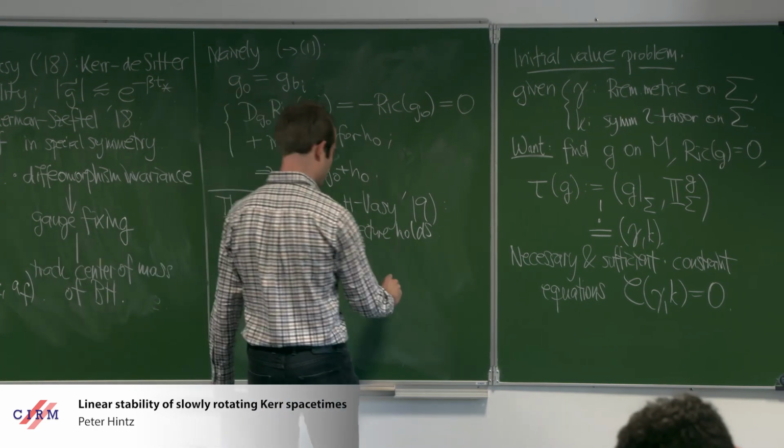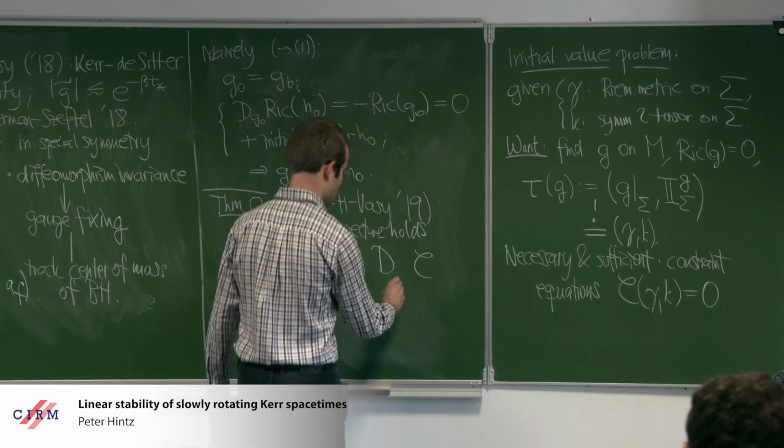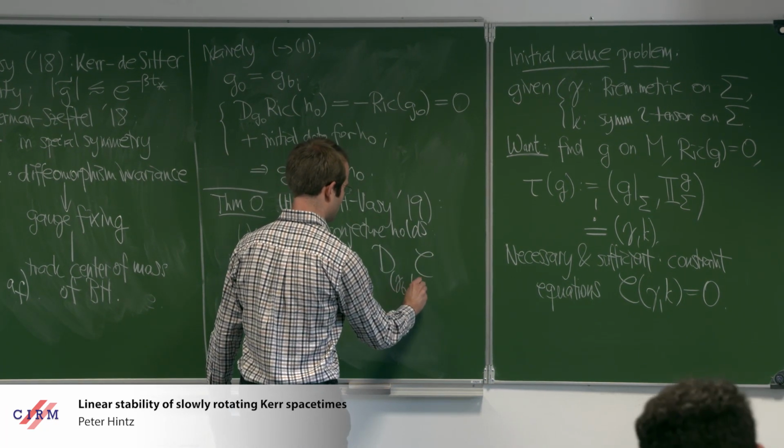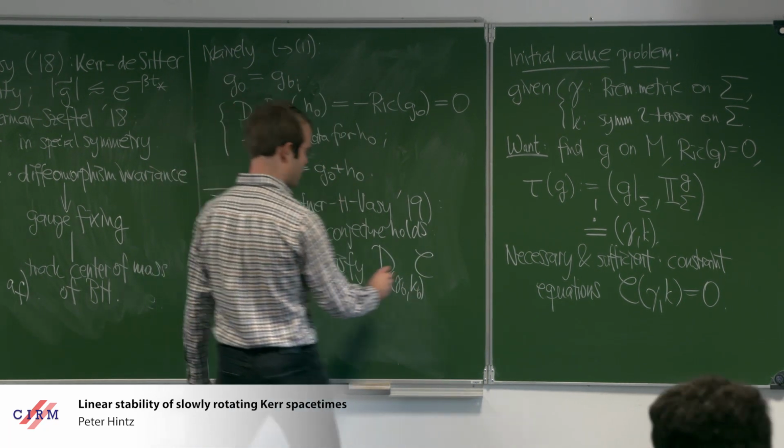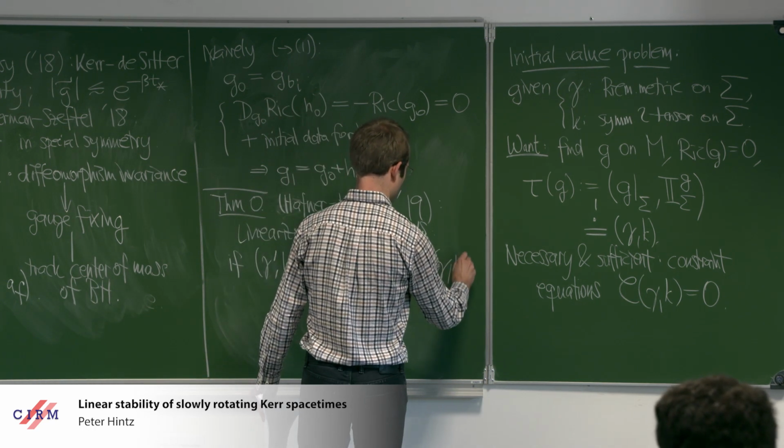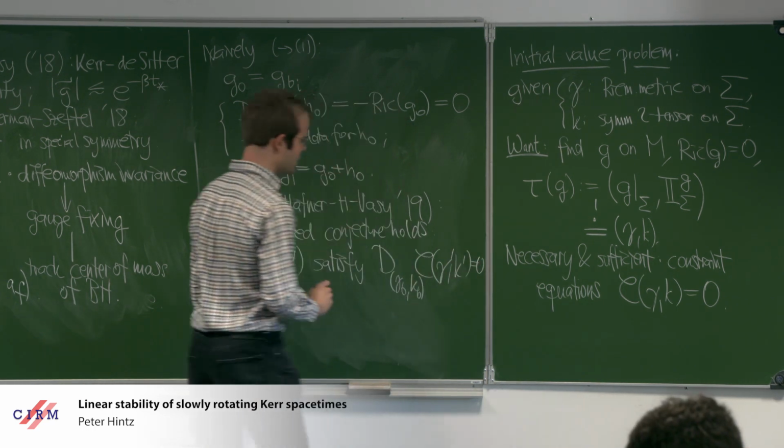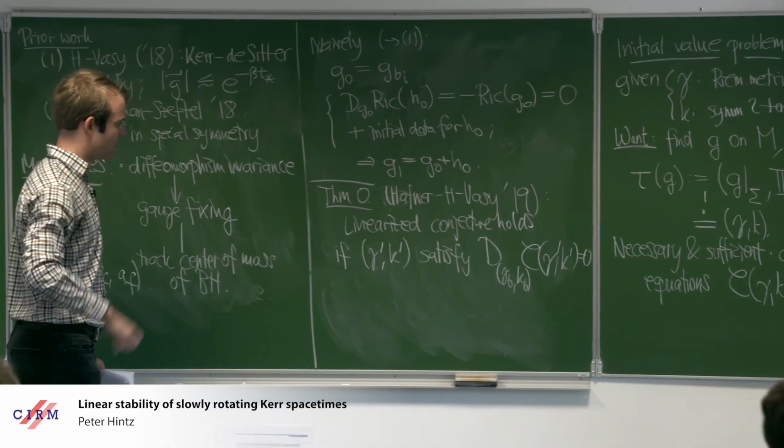so what are the linearized constraints? Well, you linearize the constraints around the initial data of a Kerr black hole. So they satisfy this linearization of the Gauss-Codazzi equations.